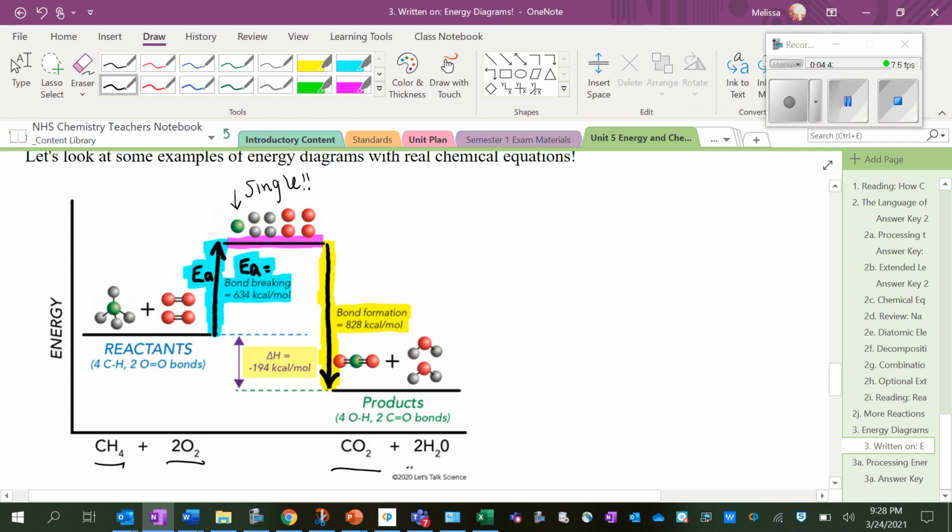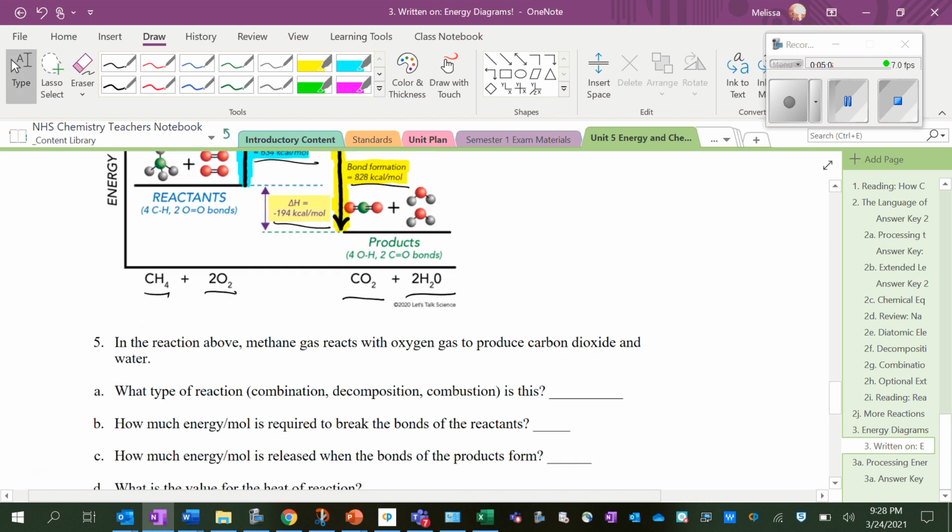So they form CO2 and H2O. And then it has the energy associated. So, okay, it took 634 kilocalories per mole. It released 828 kilocalories per mole. So overall, if you account for the energy you had to put in, it's releasing 194 kilocalories per mole.